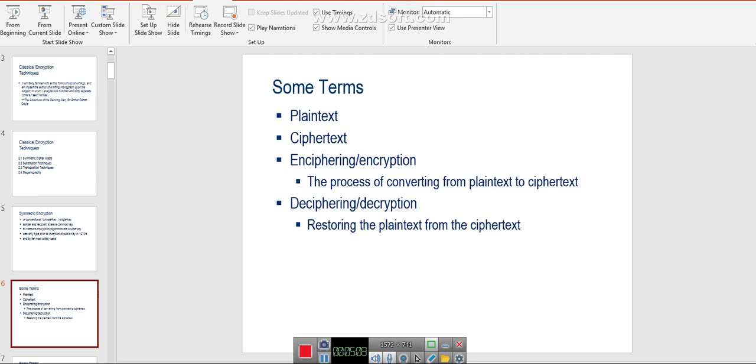When we encrypt our plain text, we get what we call a ciphertext, or an unreadable format. Then we have encryption. Encryption is simply the process of converting from plain text to ciphertext. Then decryption is the reverse or the inverse of encryption, where we are simply trying to restore the plain text from the ciphertext.